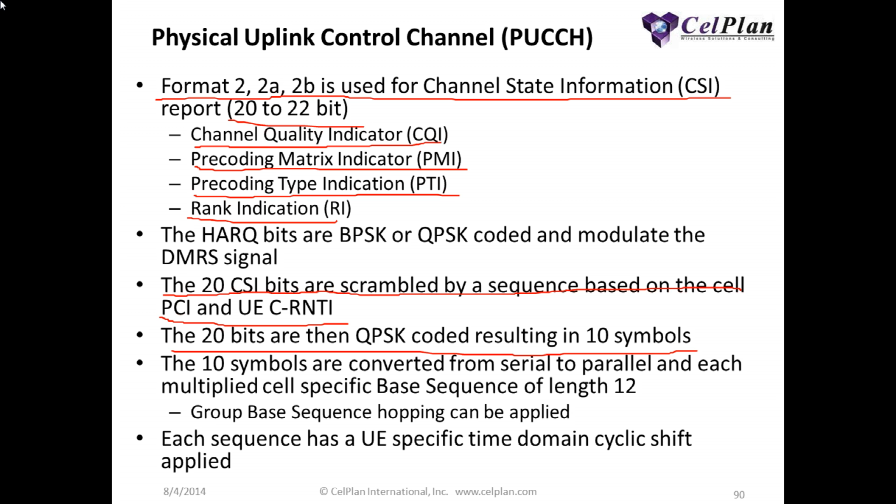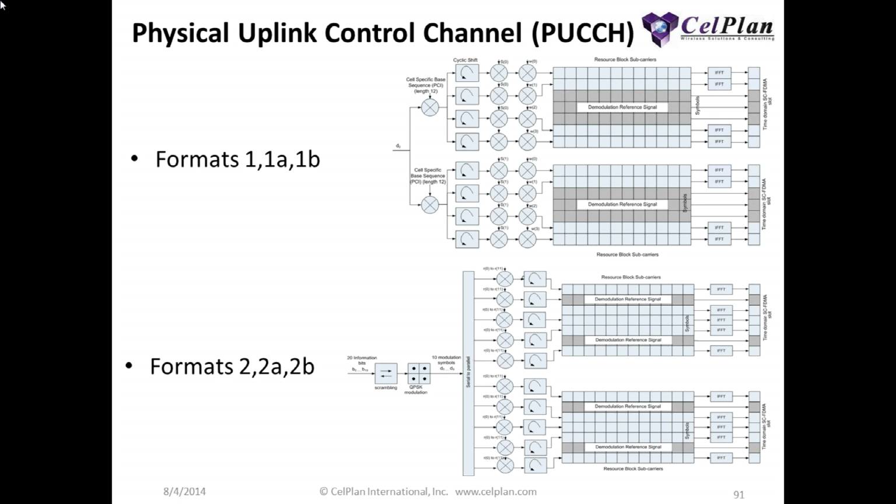The 10 symbols are converted to serial parallel, and they go on the 2 slots, and this is easier to show here in the graph. The 10 symbols are here. This is the scrambling part. Those are the 10 symbols.